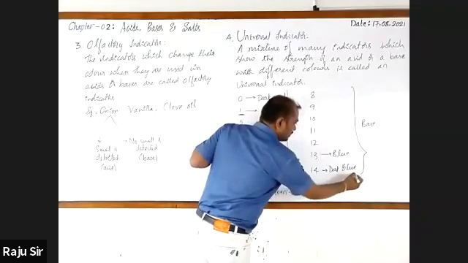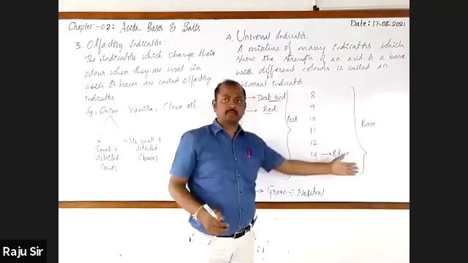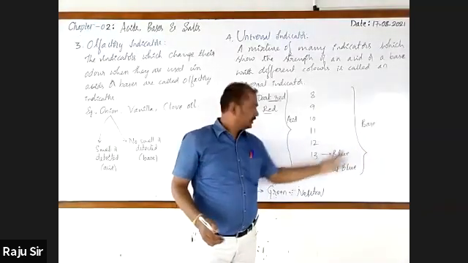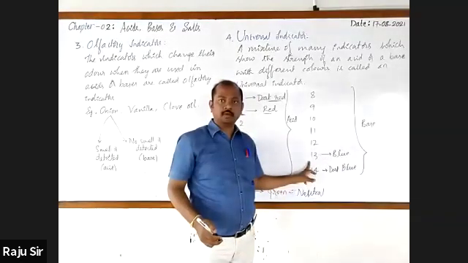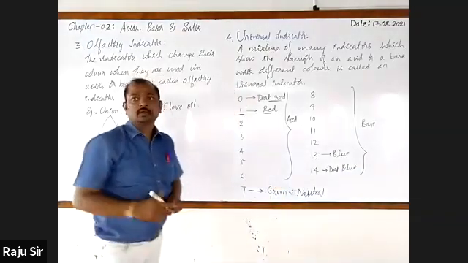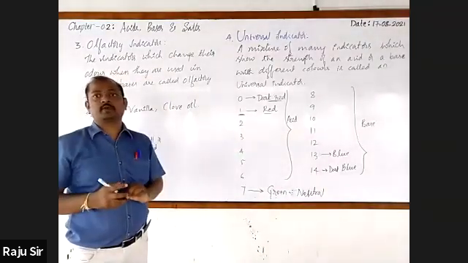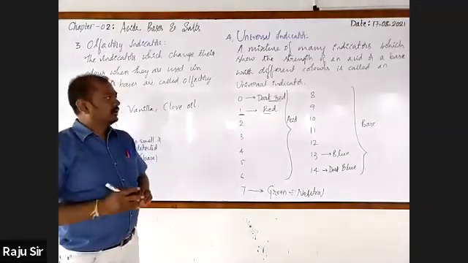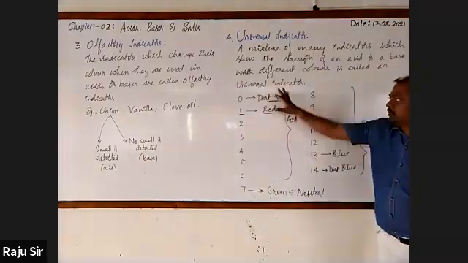Next, dark blue color means it is a strong base, stronger than the 13th one. These are actually pH values, the power of hydronium ion concentration. We will discuss that later.